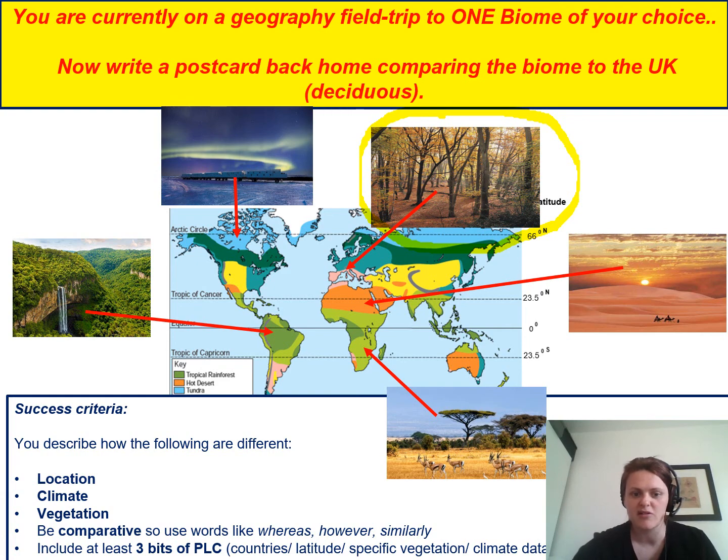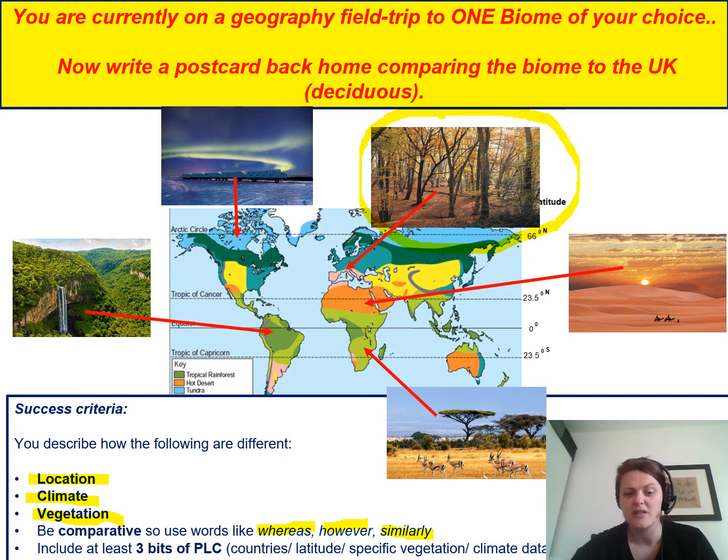So you've got success criteria down here, and you can see here that you need to describe the location of your biome, the climate of your biome, and the types of vegetation that you get there. And then I want you to be comparative. So you've got to use words like whereas, however, or similarly.